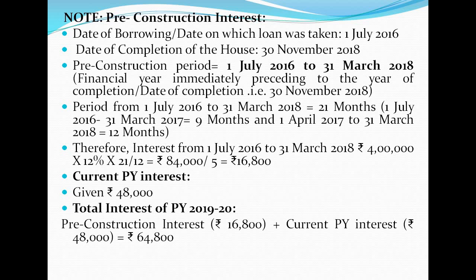Then the current previous year interest is given in the problem itself, that is 48,000. So the total interest for previous year 2019-20, or the assessment year 2020-21, will be 64,800. That is 16,800 plus the current previous year interest 48,000.